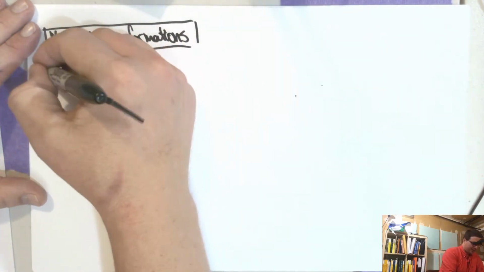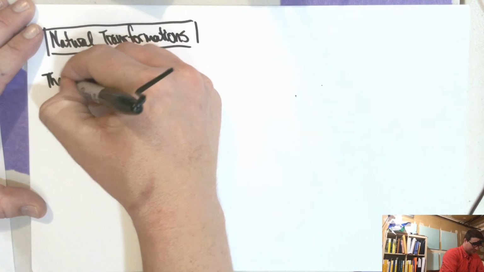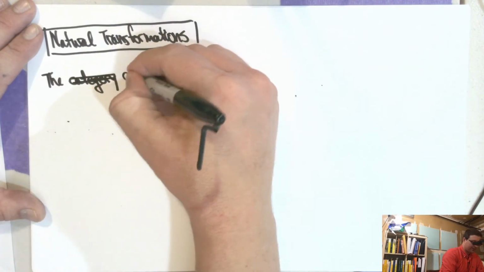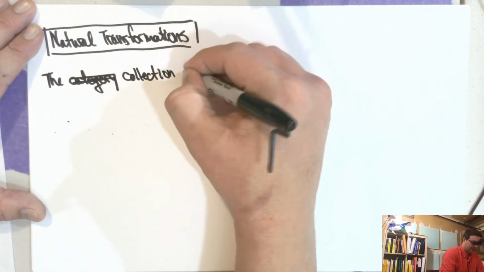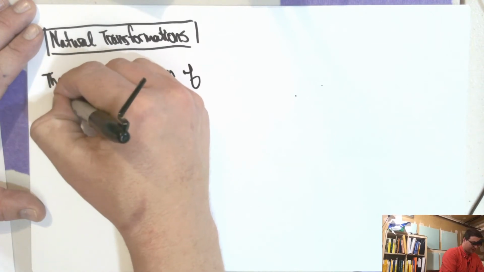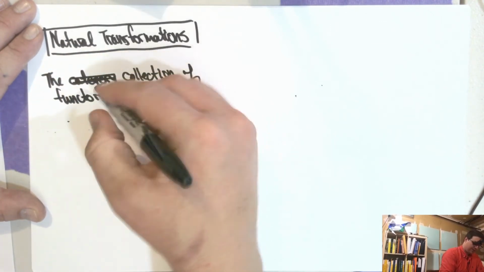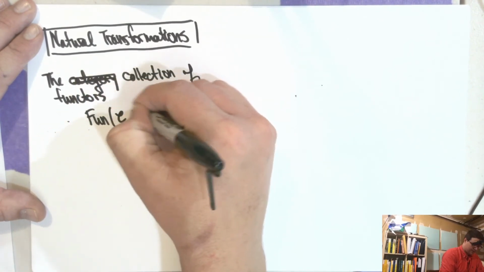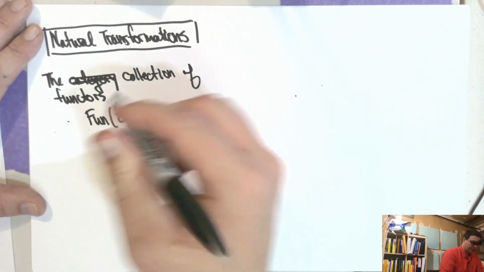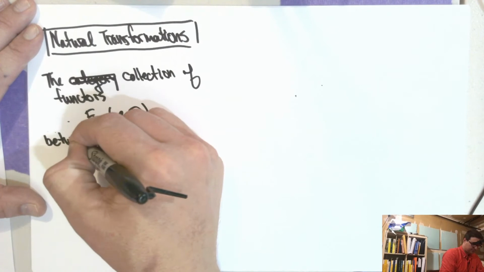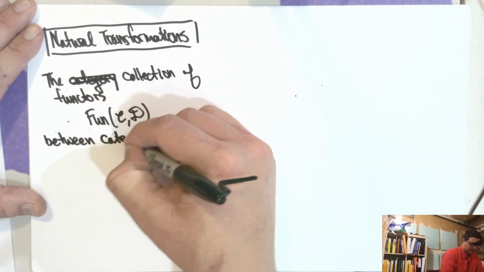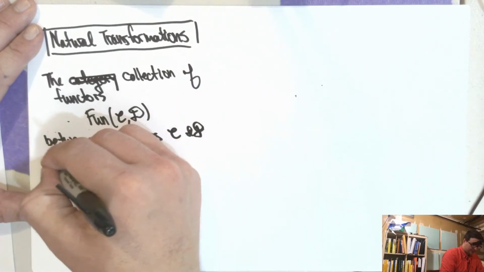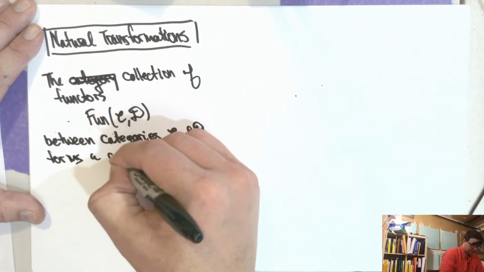So the collection of functors between two categories, Fun(C, D), the functors between categories C and D, forms a category.